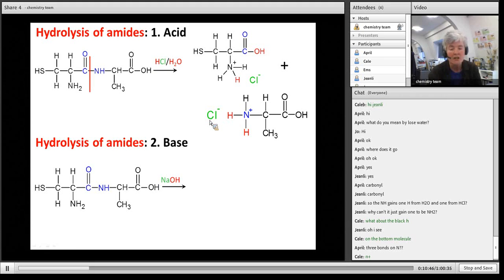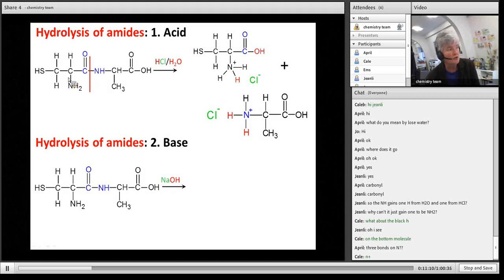So April, nitrogen forms 3 bonds if it's neutral, but because it's got a lone pair that it's quite happy to share out, it can share it with something else, but then it gets a positive charge. So whenever you draw 4 bonds on a nitrogen, it has to have a positive charge.